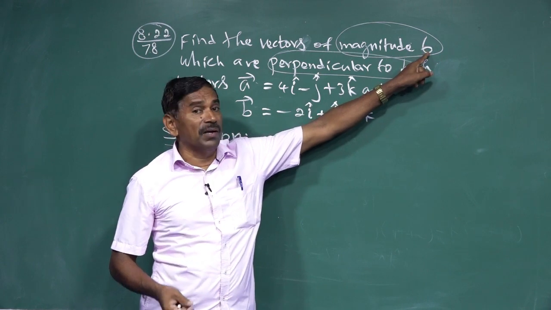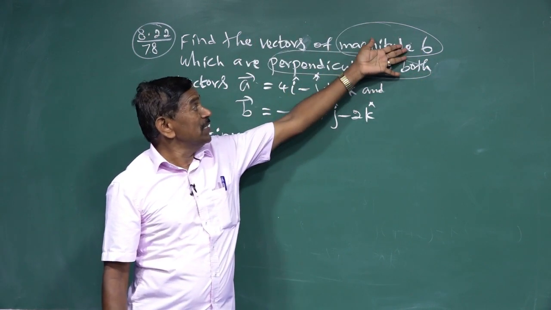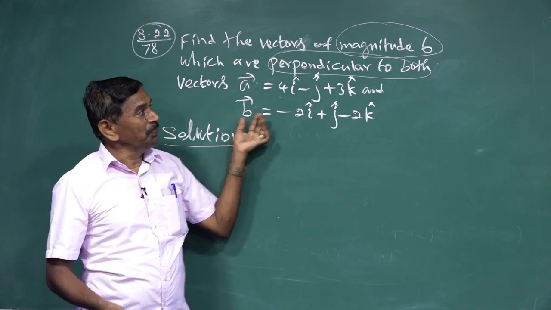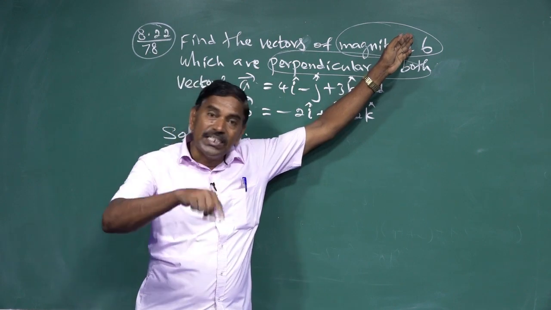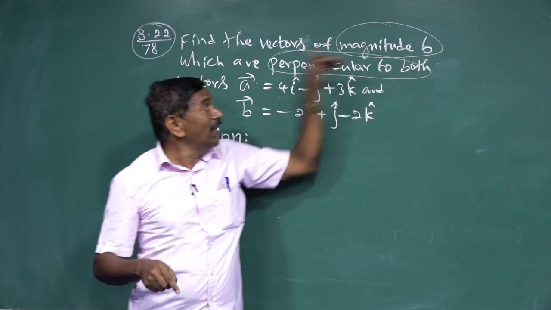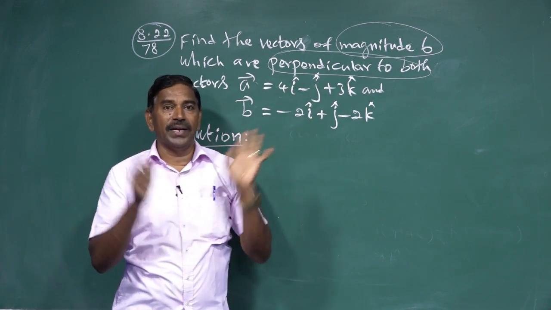We can frame the formula directly: the vectors of magnitude 6 perpendicular to both A and B are given by plus or minus 6 into n cap equal to plus or minus 6 into A cross B divided by modulus A cross B. Okay, formula ready.